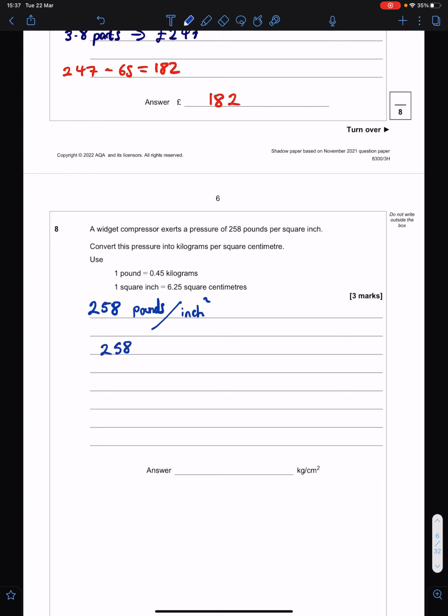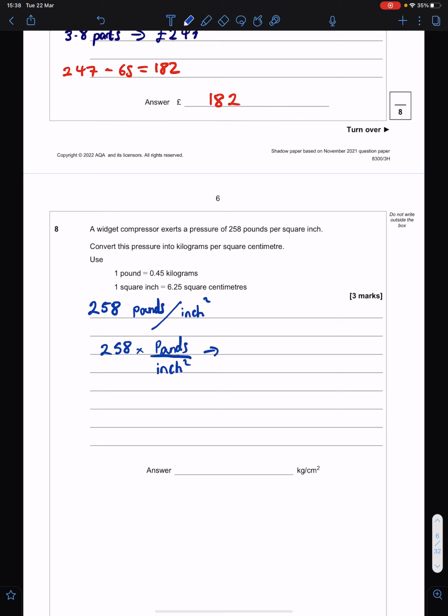I'm going to put this as a proper fraction. So this is essentially multiply by pounds per inch squared. So that's what the units are telling us. It's essentially a fraction. So I've just rewritten it so that it's easier to look at.